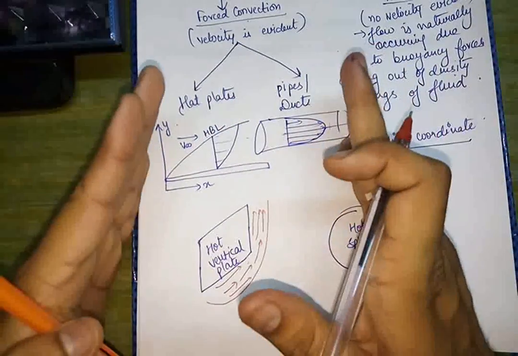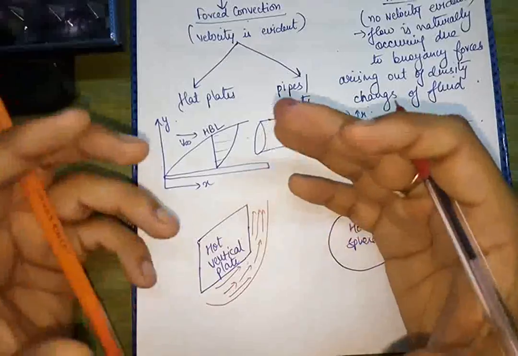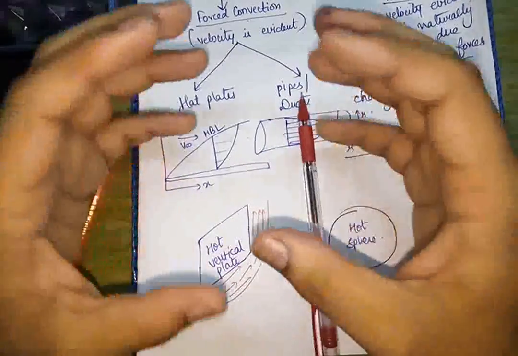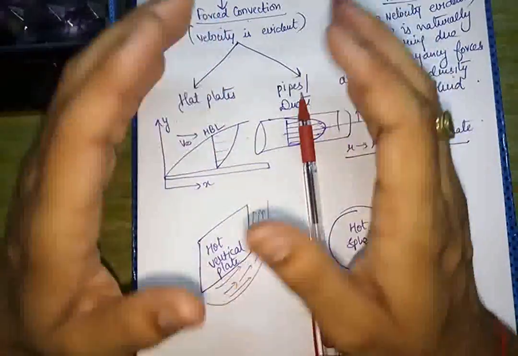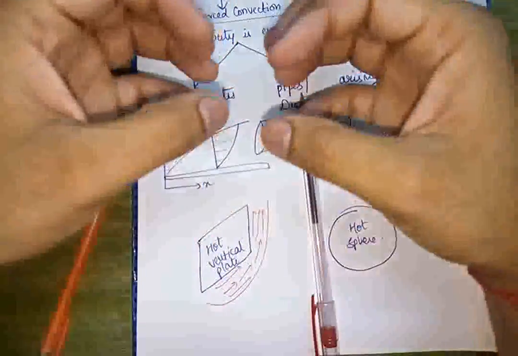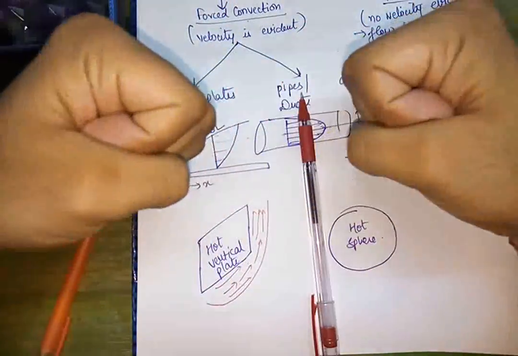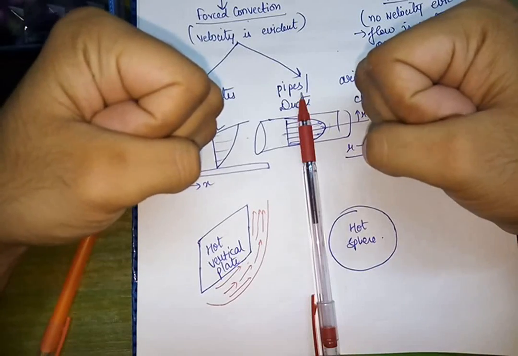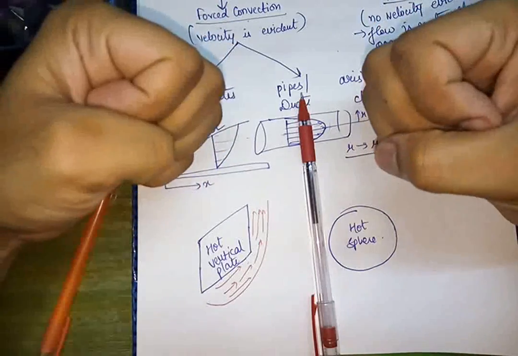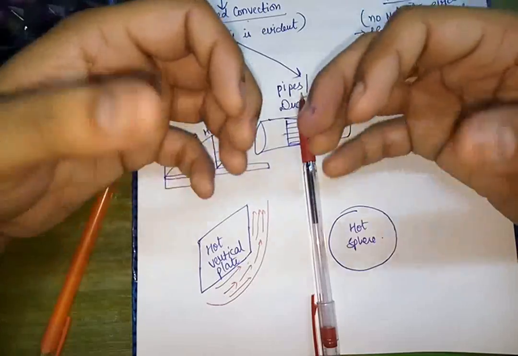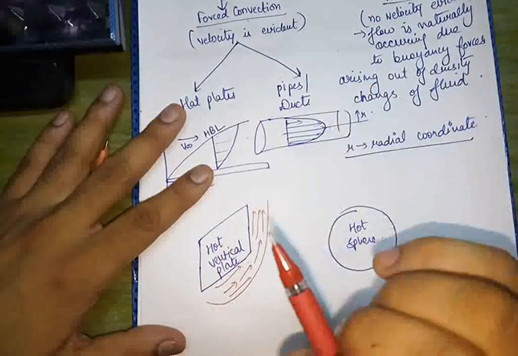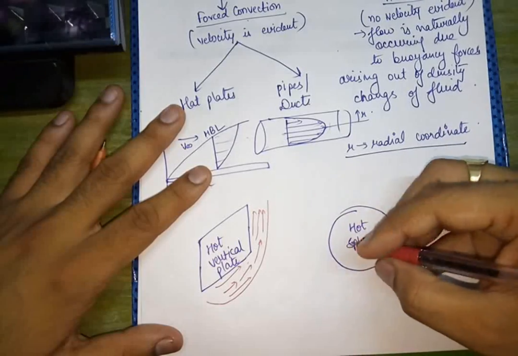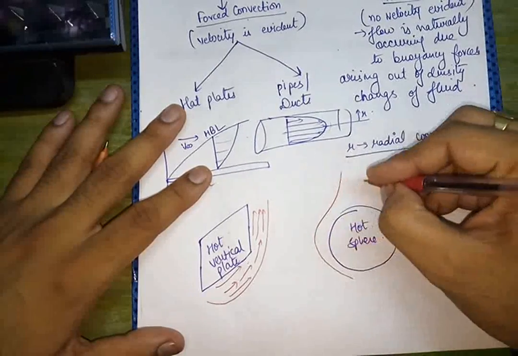On gaining heat, the molecules get energized and vibrate vigorously, so the distance between the molecules increases. When the distance increases, the volume increases, and when the volume increases, the density decreases.